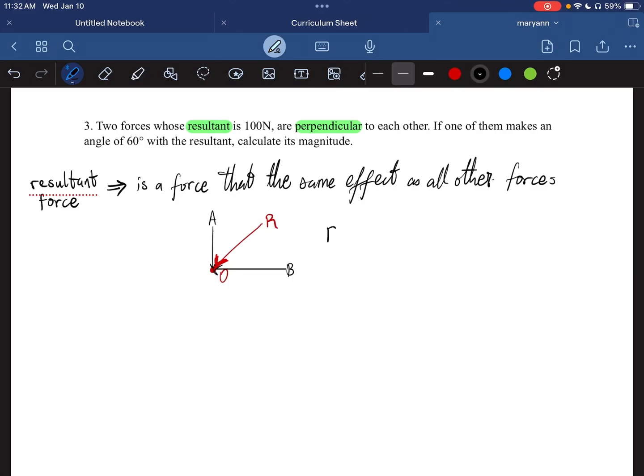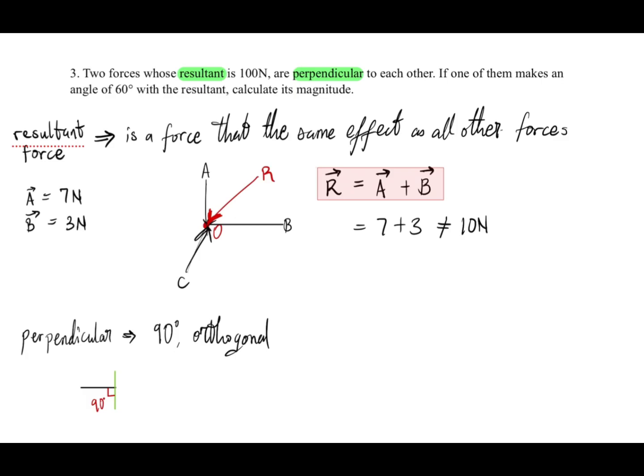So mathematically, you can write that a resultant force R is equal to A, which is a vector or a force, plus B. In the second statement, it says if one of them makes an angle of 60 degrees with the resultant, calculate its magnitude.